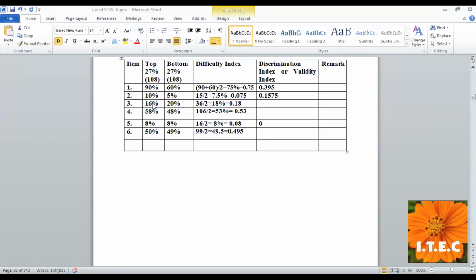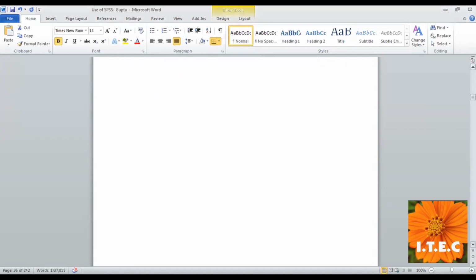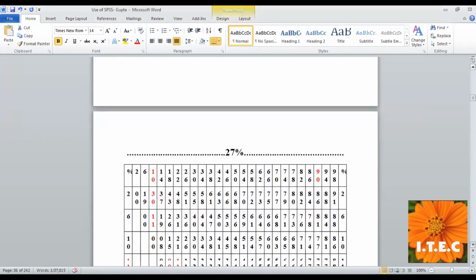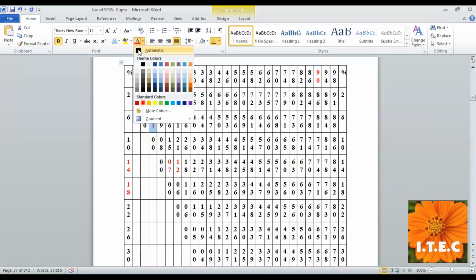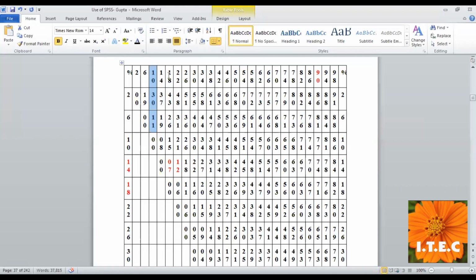So place the 16 and the 20. So the 16 will be from here. This is 16 and this is 20.